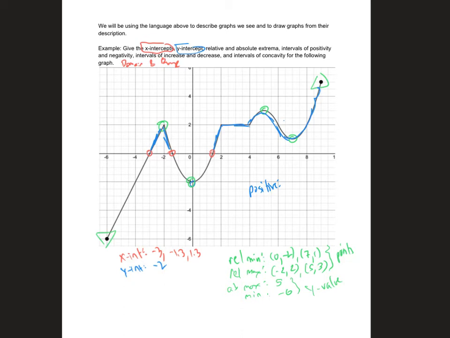So it's positive when x is between -3 and about -1.3, and from 1.3 up to 9. Now, this is called inequality notation.